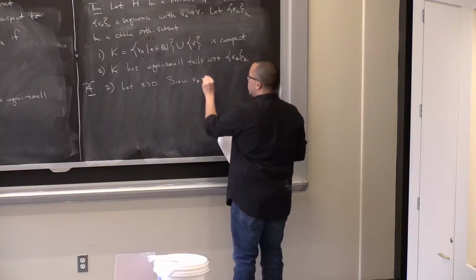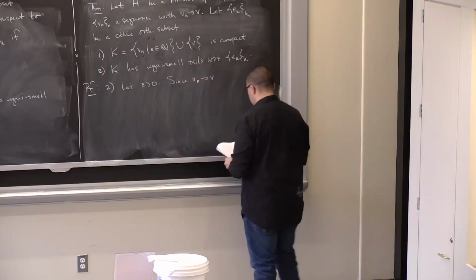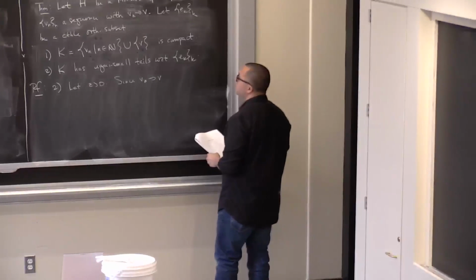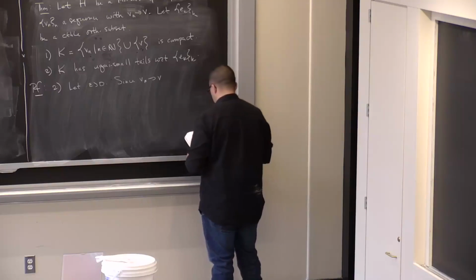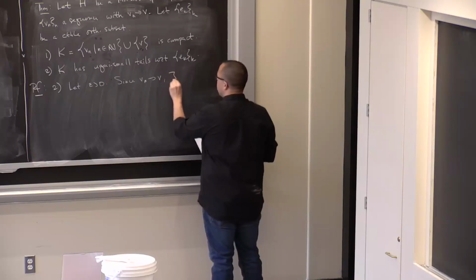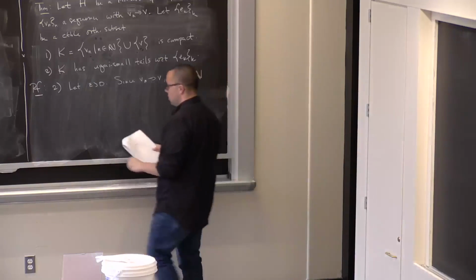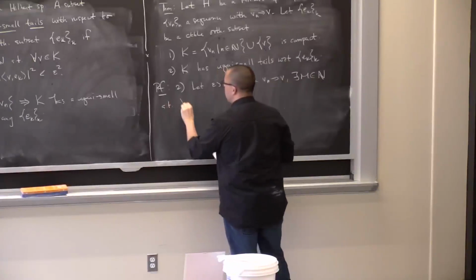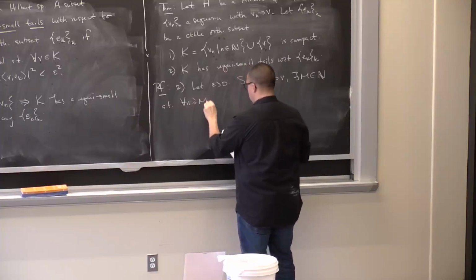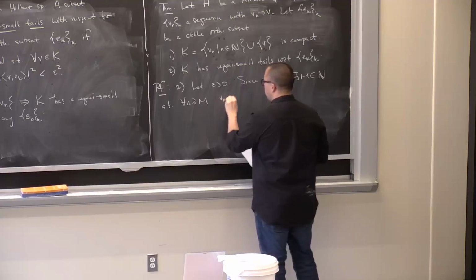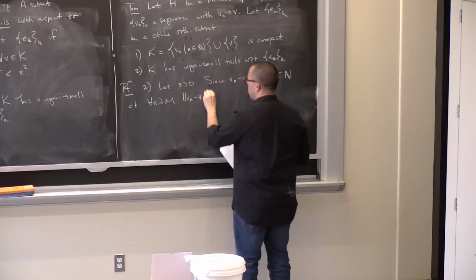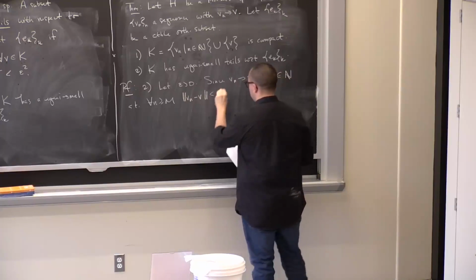So since Vn converges to V, there exists a natural number m such that for all n bigger than or equal to m, I have the norm of Vn minus V is less than epsilon over 2.